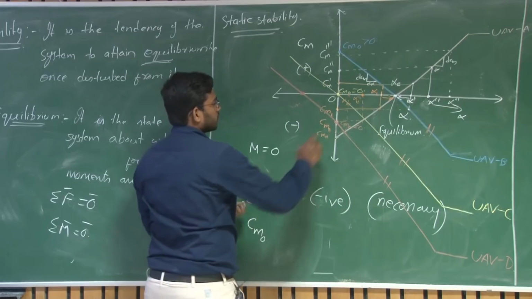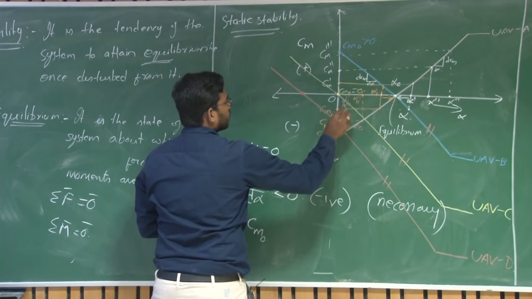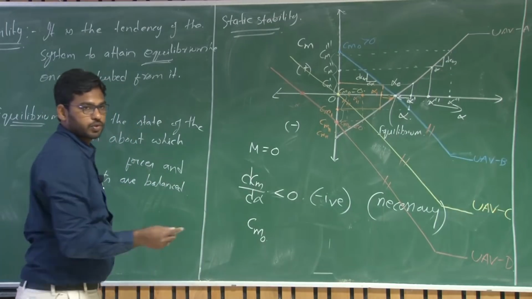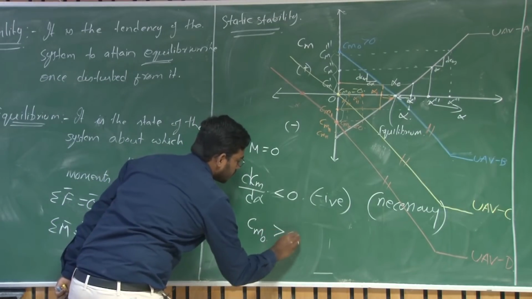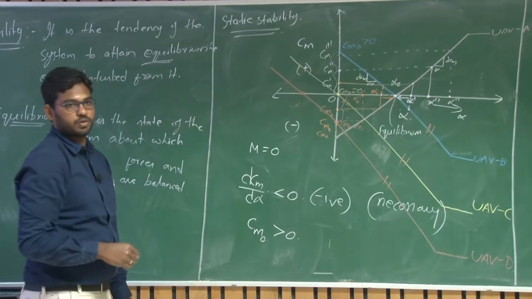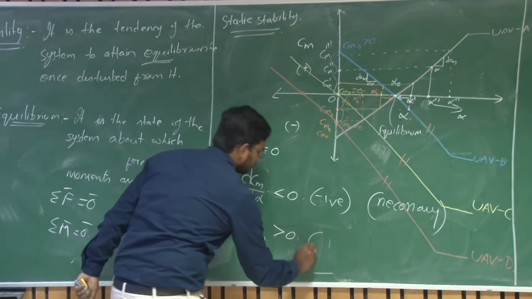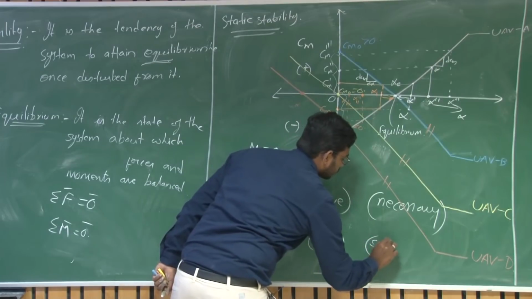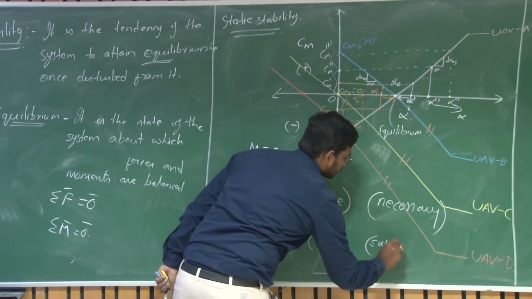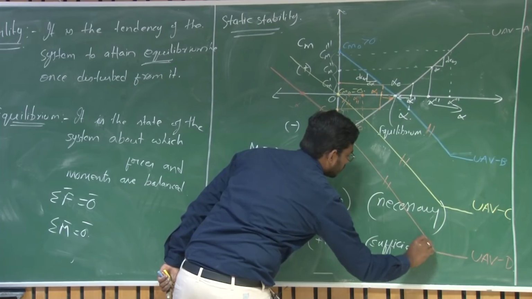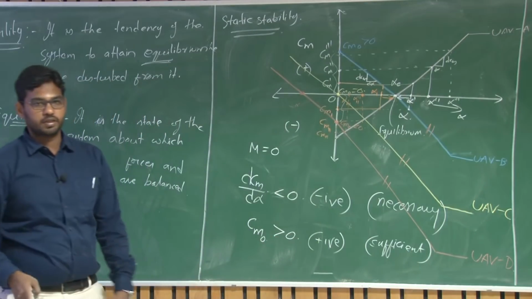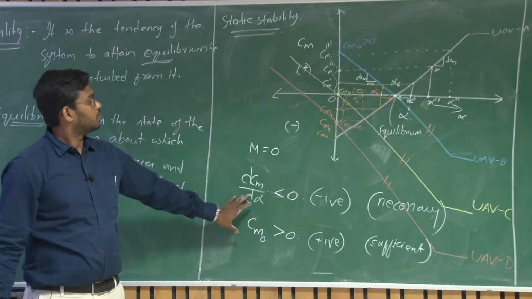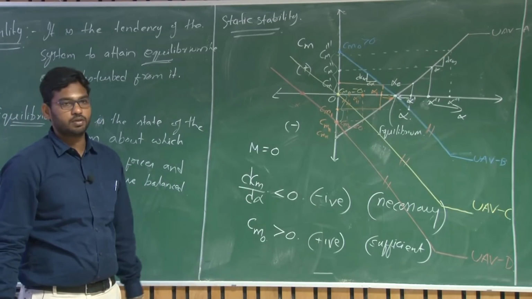So this is your negative Cm naught, this is your positive Cm naught. This positive Cm naught will help you to trim at positive angle of attack. So Cm naught has to be greater than 0 and Cm alpha should be less than 0. So, these are the necessary and sufficient conditions for a statically stable UAV.